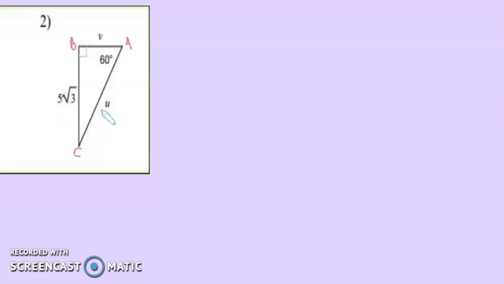So first of all we have to check, is it a 30 60 90 triangle? So yes, this is 60, this is 90, so this has to be 30. So this is a 30 60 90 triangle. Now as we learned before, we have to find V, and this BC is already given, 5√3.